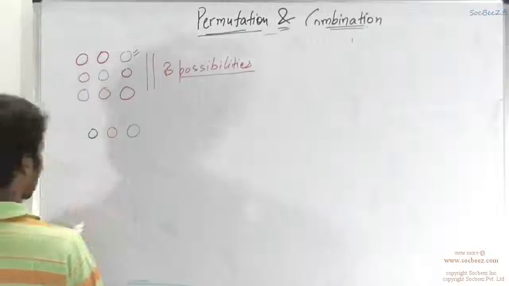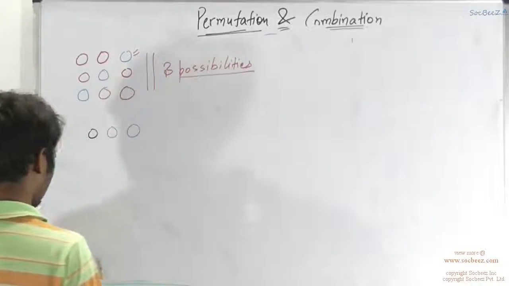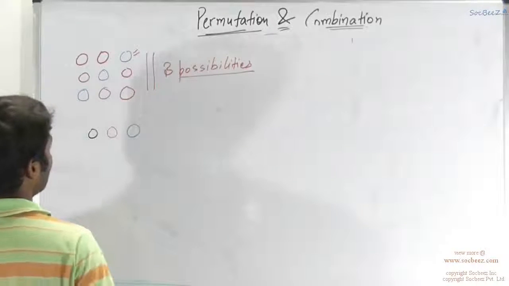Now what are the cases that you could have arranged? What are the ways in which you could have arranged these?